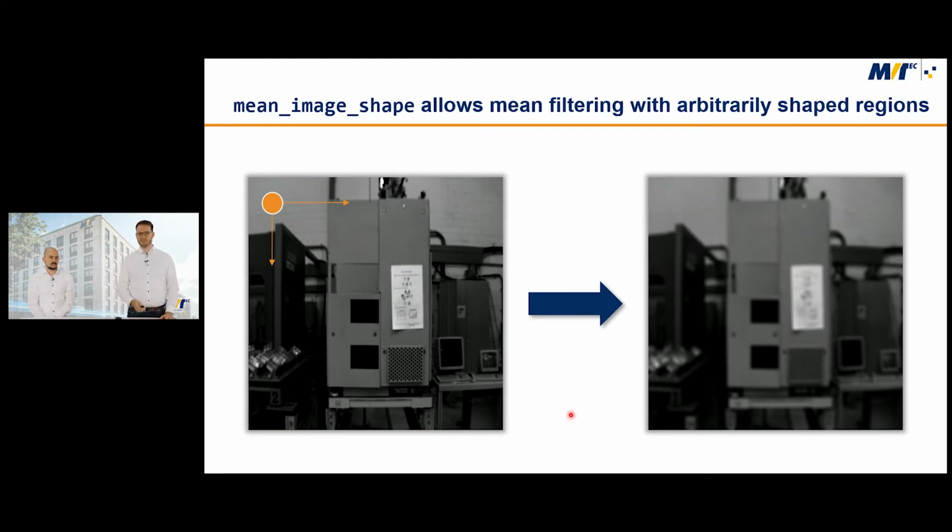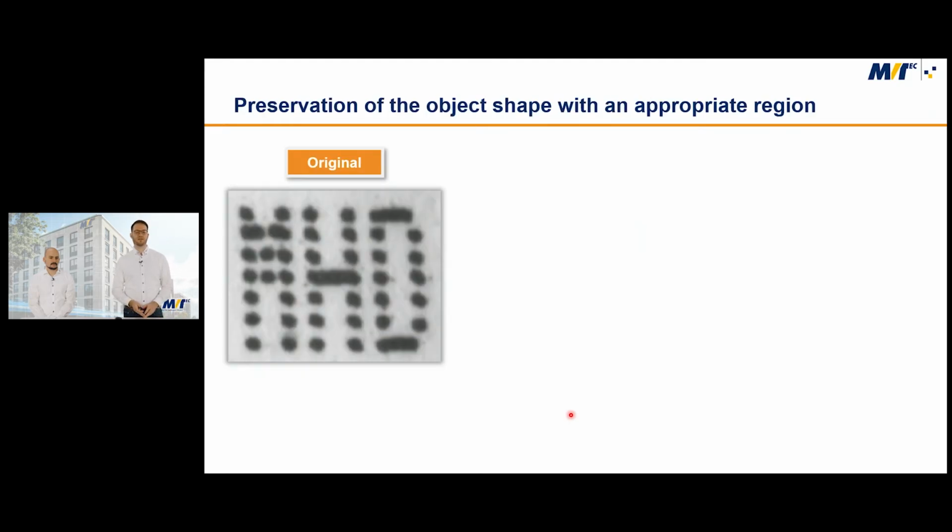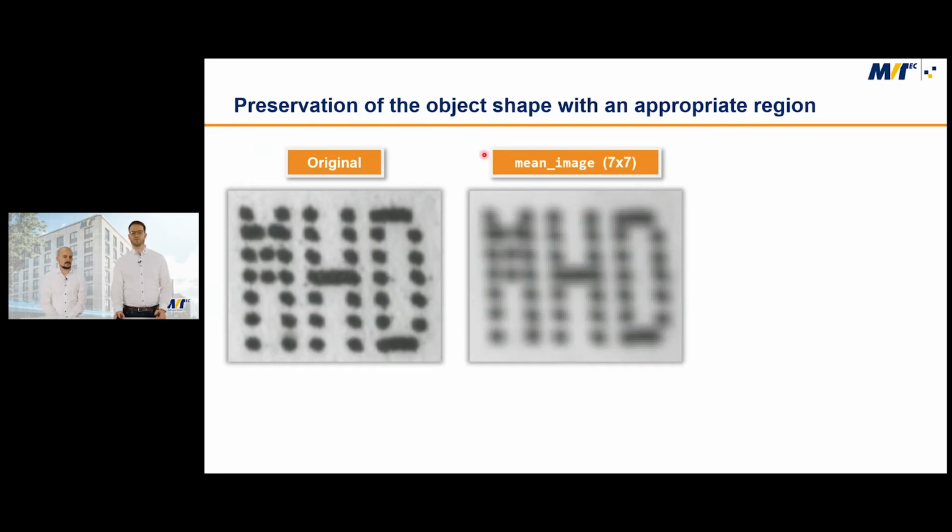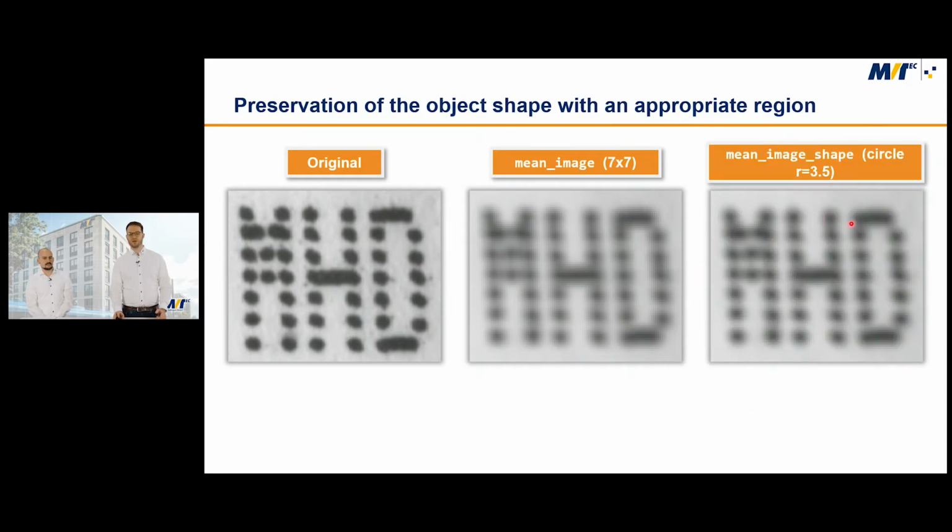So why is this important? Well, you can think of an image like this, a dot code print where you have artifacts in the background and noise. With the usual mean image, you not only filter the noise, but the dot code also gets very blurred out. But if you now use a circle, for example, that more closely resembles the shape of the object, then the dot code gets preserved better, while the noise also gets filtered out.